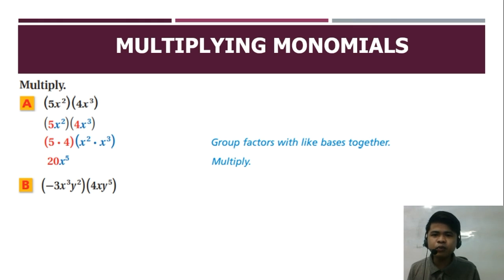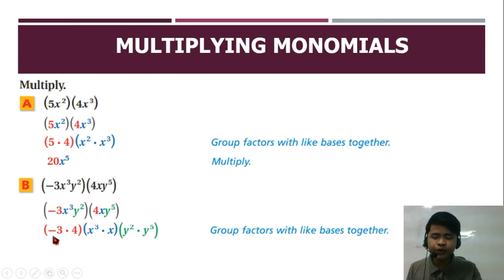So it means we'll group the constants and we will group the variables. As you can see, we have the constants negative 3 and 4, and we have the variables x and y. So ang gagawin natin dito is we'll group the constants, we'll group the x variable, and we'll group the y variable. Just like this one.